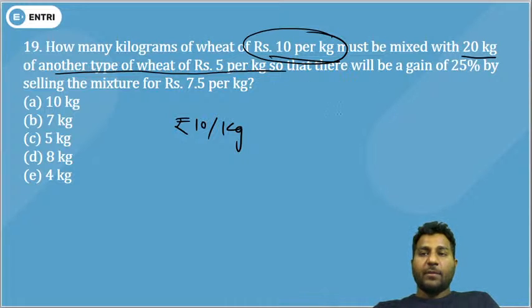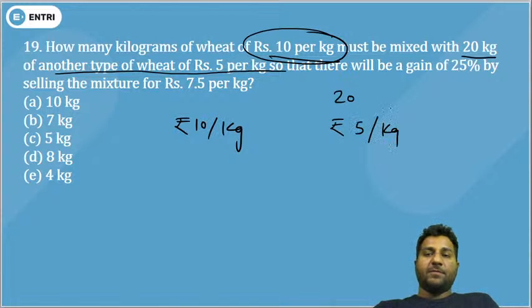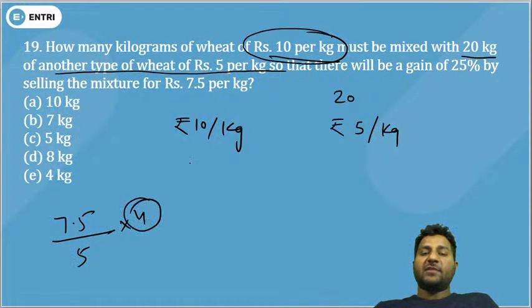Alright, so remember, with 20 kg of another. So 20 kg of another has rate of 5 rupee per kg, and there will be a gain of 25% by selling. So by selling 7.5, you have a gain of 25%, which means the cost price of the combined will become 100%.